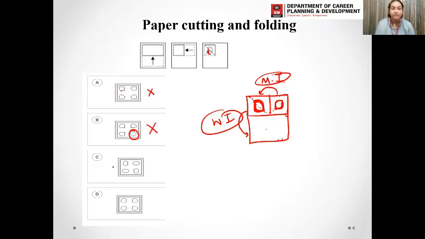So we will discard it. Coming to the next one, these are not the mirror images and water images of one another, so this is also not the option. And this is the sharp image, and these are the mirror images and these are the water images. That's why our answer is option D. Let's move to the next one.